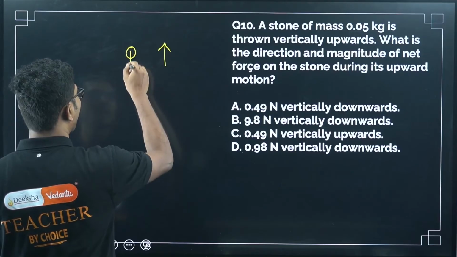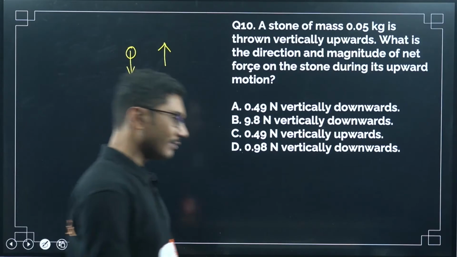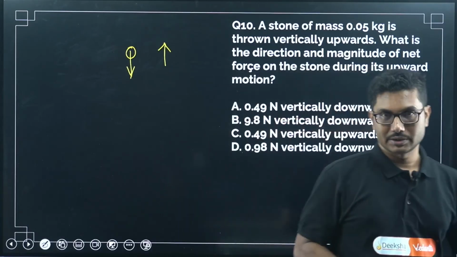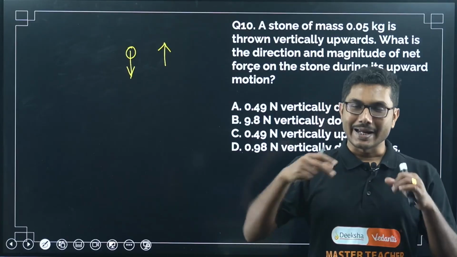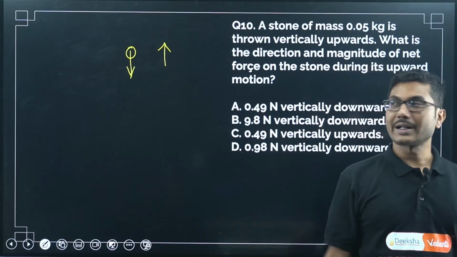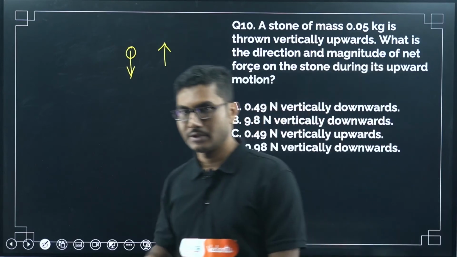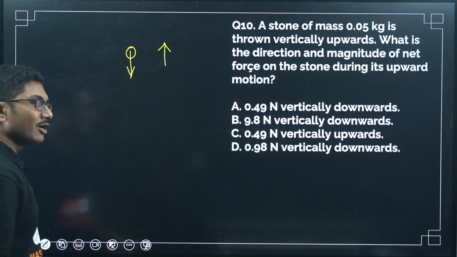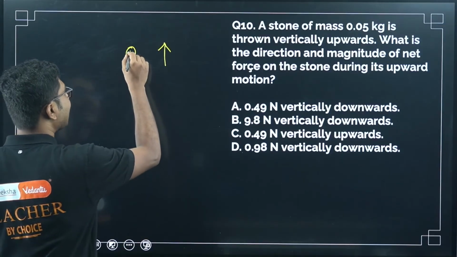Remember that the net force that acts on an object whenever you throw it up is downwards, unless it is a rocket where you are supplying enough fuel to overcome the gravitational force, so the net force is in the upward direction. Otherwise, for any object that you throw upwards, the net force will always act downward.